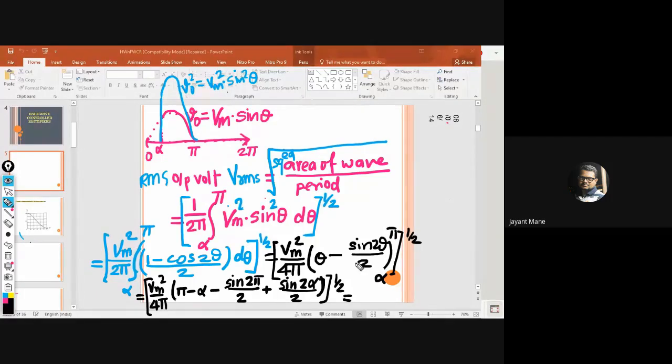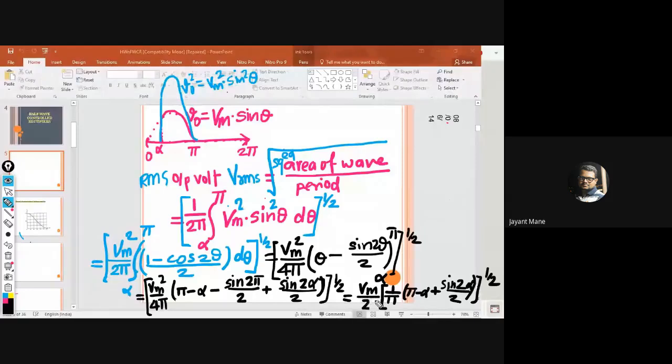So finally you will get, I'll directly write down the simplified one now, Vm by 2 into bracket 1 by pi into bracket pi minus alpha plus sine 2 alpha by 2, whole under root.